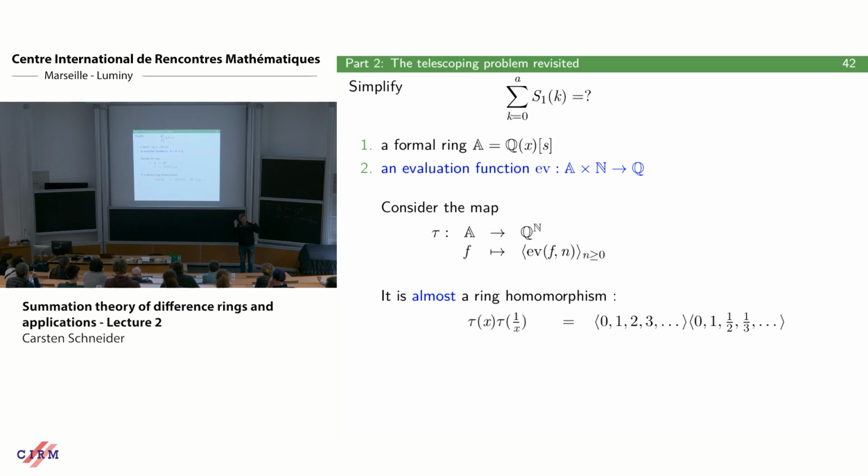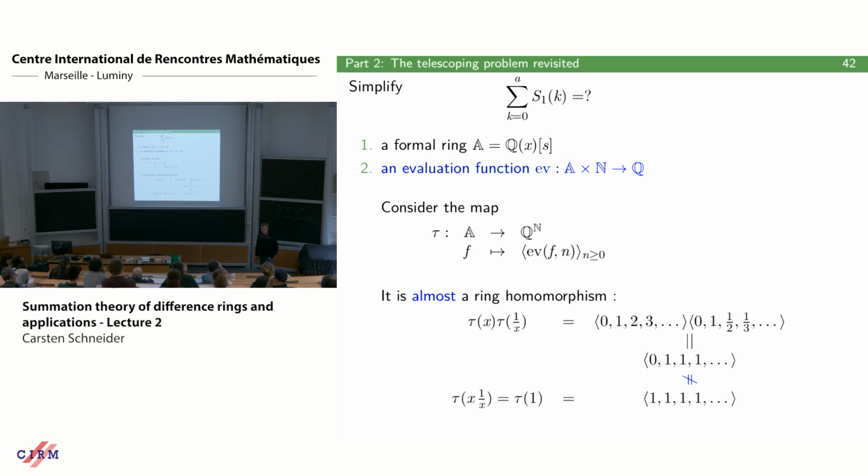Now in the ring of sequences, I have component-wise addition and multiplication, so I don't work with Cauchy multiplication, but with Hadamard multiplication. So if I do that, I get the elements 0, 1, 1, 1, 1, 1, 1, okay? And that's almost the 1, 1, 1, 1 sequence, which should be, if it's a homomorphism, tau of 1 mapped to the 1 sequence, right? And that's tau of x times 1 over x. So it's almost a ring homomorphism, only the first entry here is wrong.